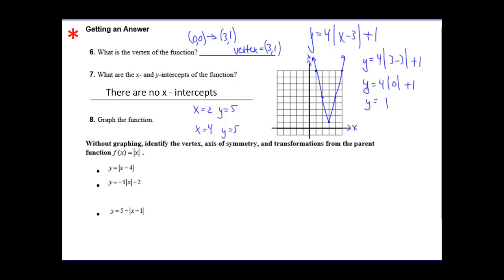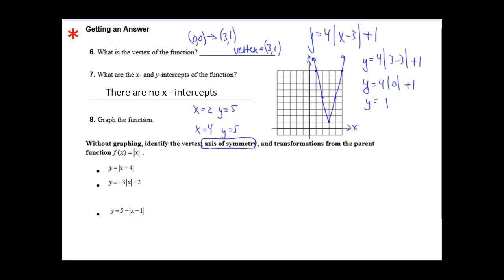Last part. Without graphing, we need to identify the vertex, axis of symmetry, and transformations from the parent function. Quick definition, if we don't remember axis of symmetry, it's that vertical line that goes through our function and splits it into a mirror image.